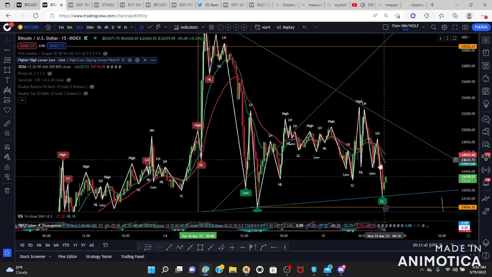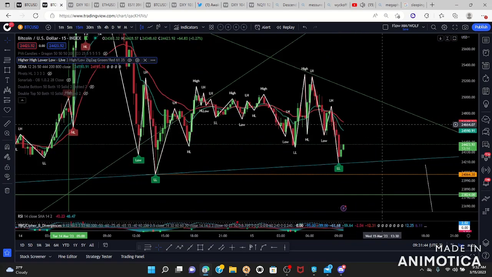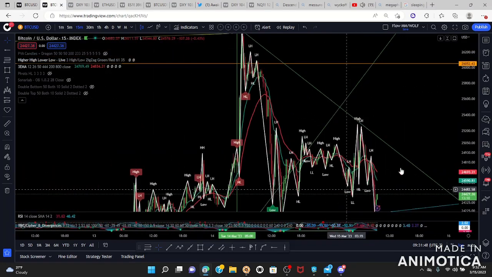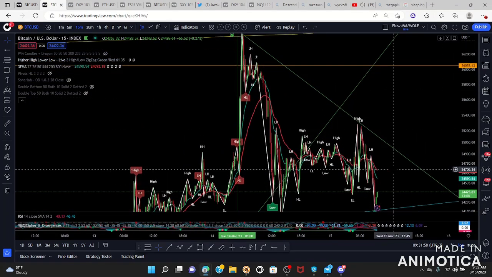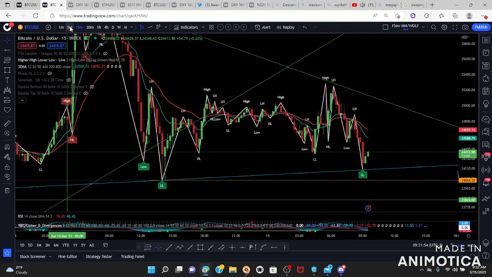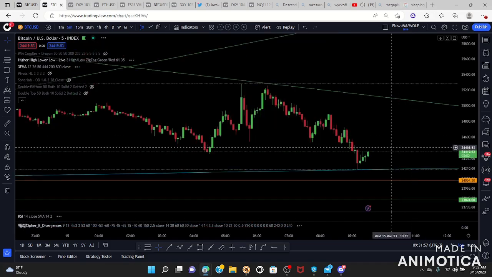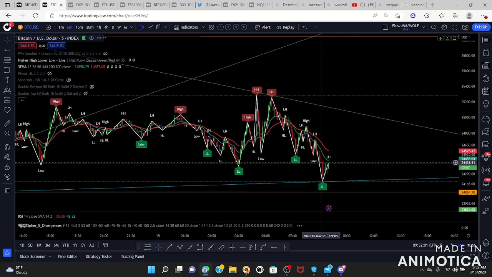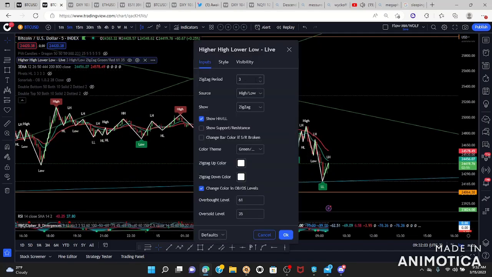That's the goal. Let's come in here. You know, there's a possibility of this neckline to be broken. Let's see.